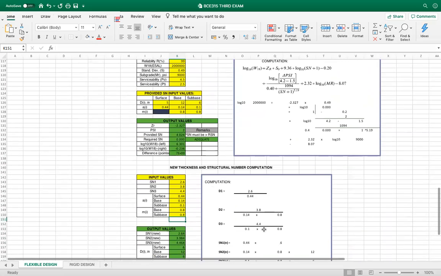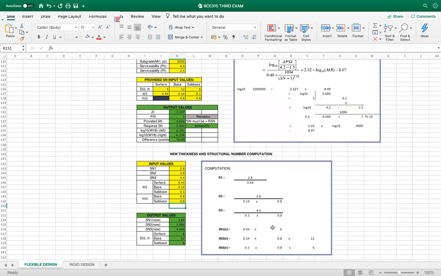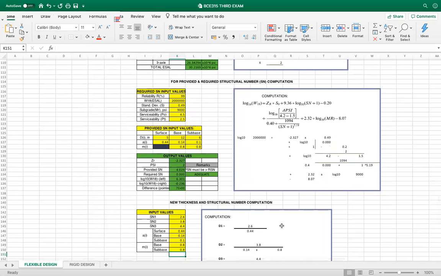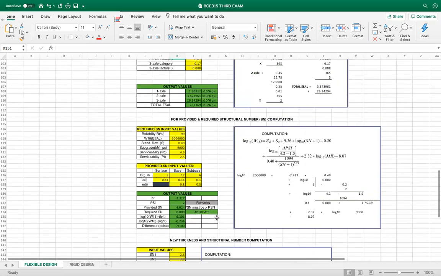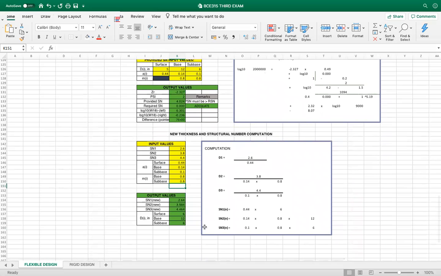This computation is applicable only for flexible pavement design.